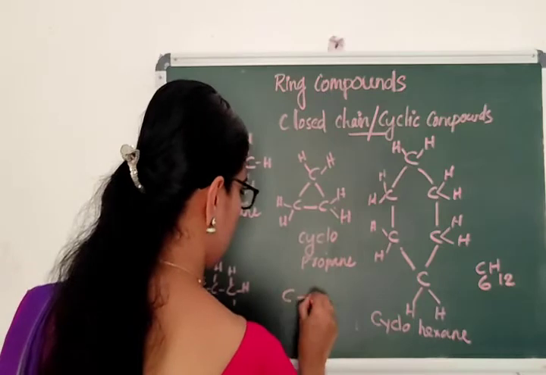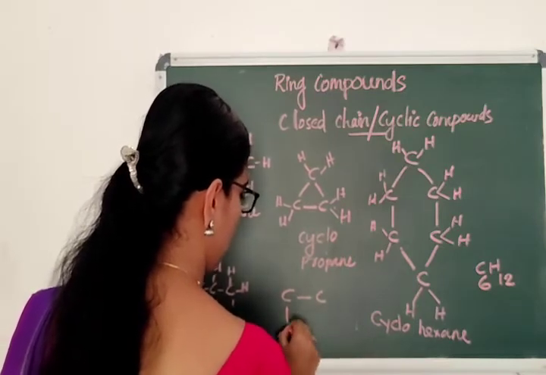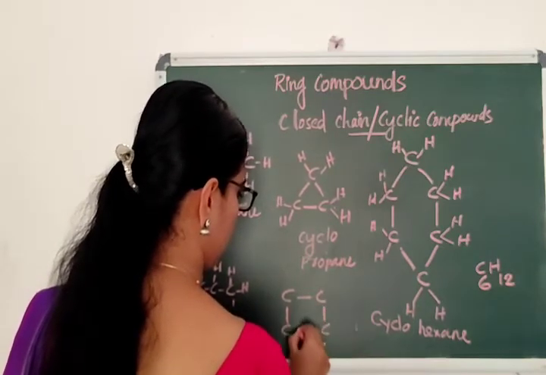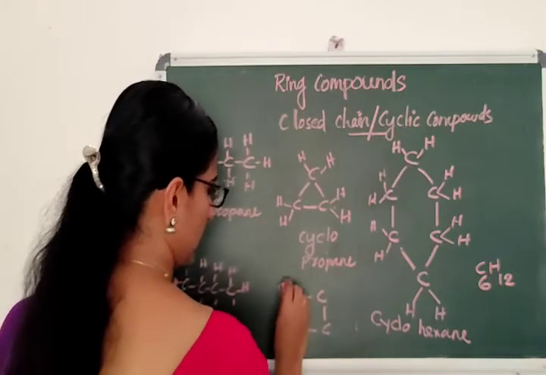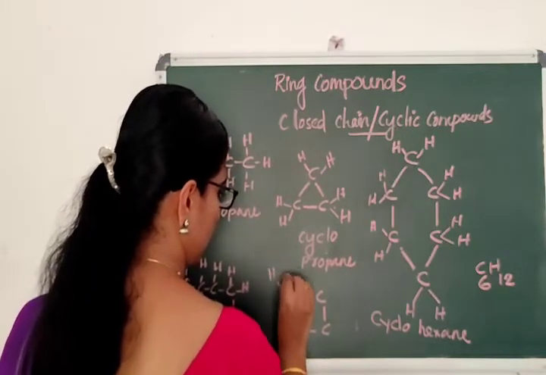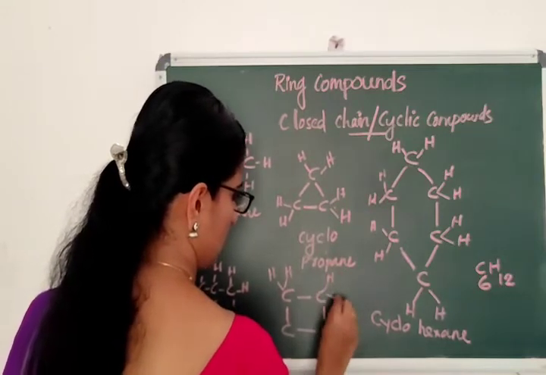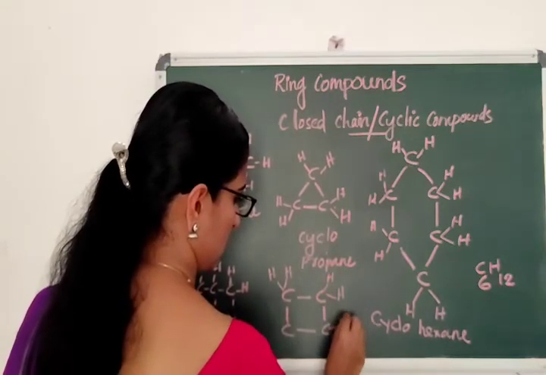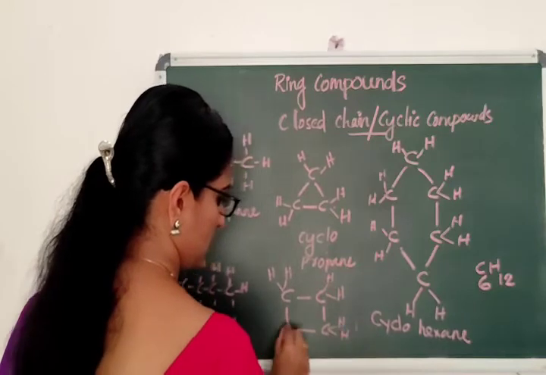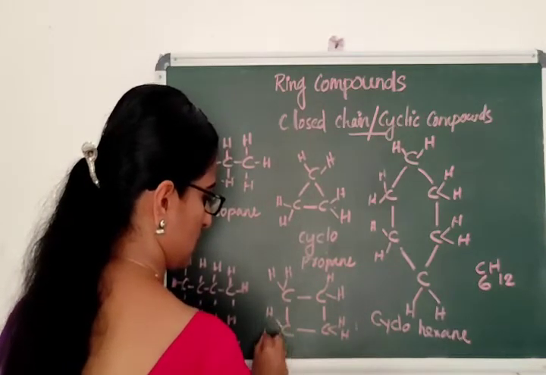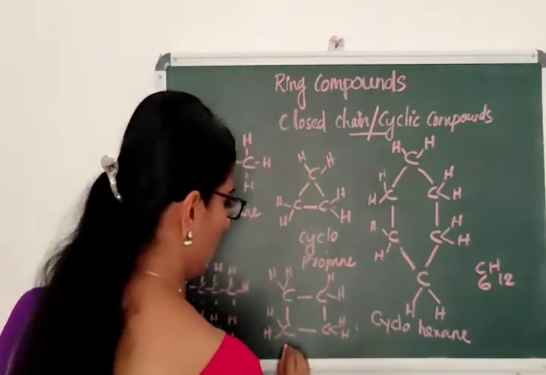Just close the 4 carbon with the ring, and satisfy the remaining valencies with the hydrogen. This is cyclobutane.